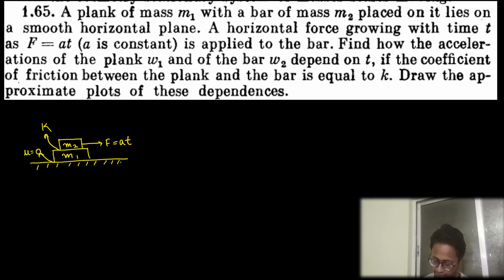Because this is frictionless. What the question is asking is draw the approximate plots of these dependencies. That means draw the acceleration versus time graph of m1 and m2. Okay, this is my question.